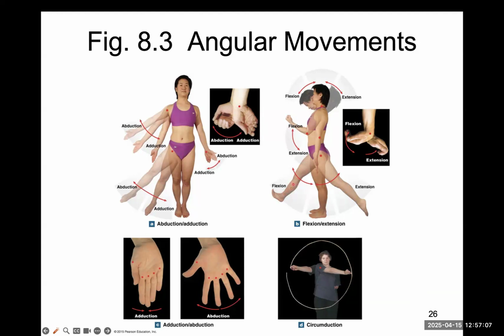If you kick your knee forward, that's considered to be flexion at the hip. But if you kick it back, that's extension. This is a little bit confusing because it's different for your upper leg and your lower leg. So this is flexion if you kick your lower leg this way, and if you kick it back, that's extension.